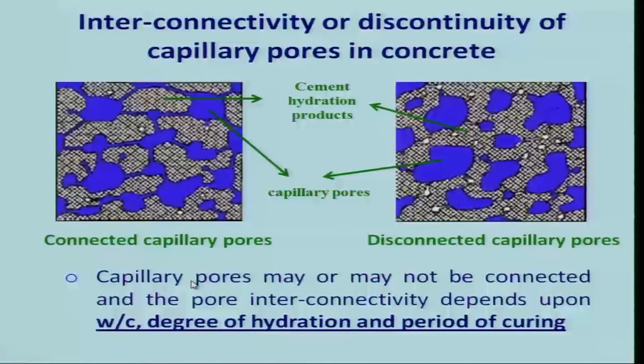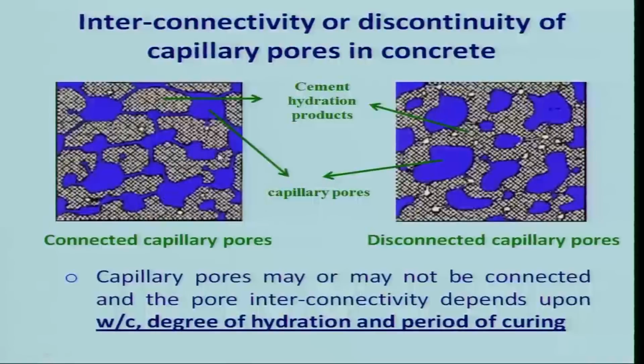In this slide two systems are shown, where in one system the capillary pores are connected and in the other the capillary pores are disconnected. Here the capillary pore is indicated by the bigger water space, the path that is connecting is the connectivity, and the hydration products are indicated in grey color.